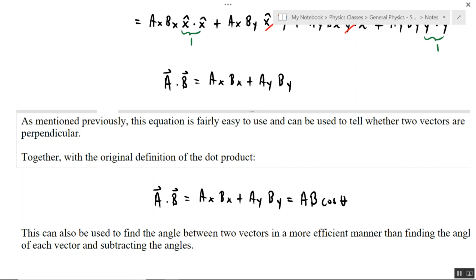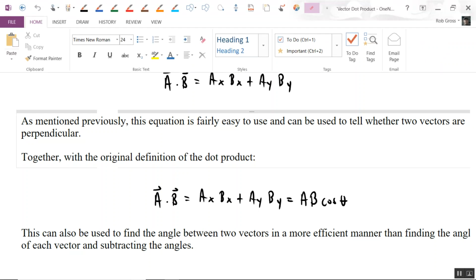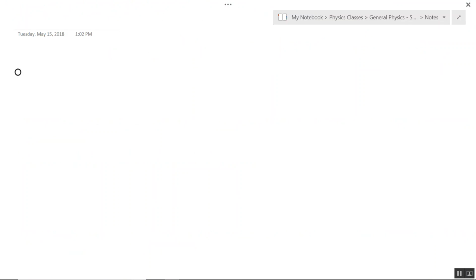So we're going to do a couple of simple examples of how to use it. It's really not that hard. We don't have to go crazy on these examples, but just to show you how it works, we'll do two examples here.